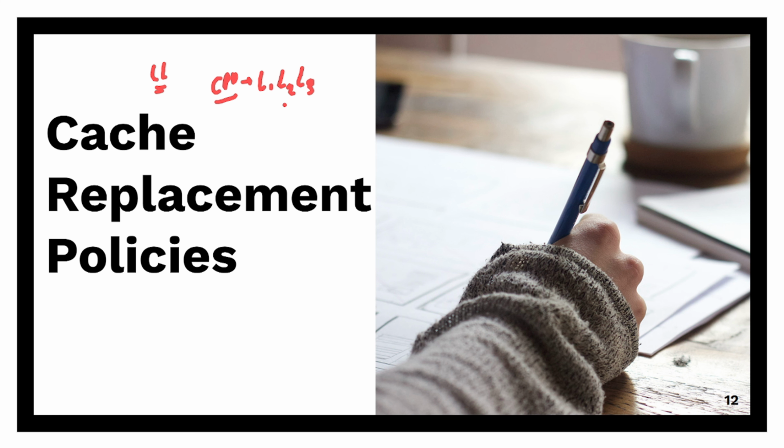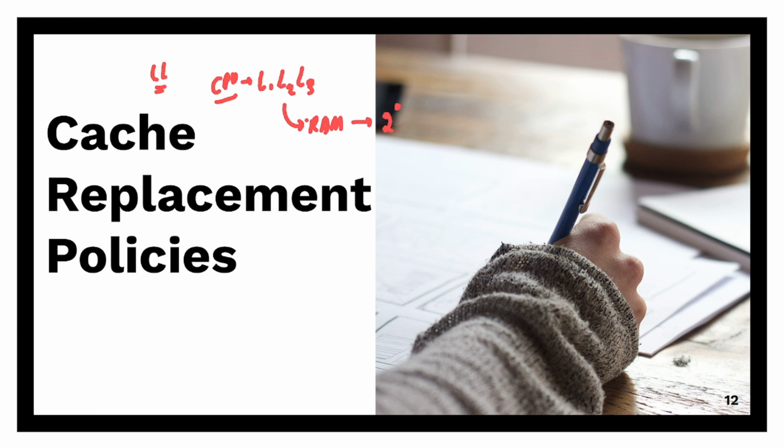If it is not present in cache, it tries the RAM, the primary memory, then the secondary memory. The data block through which data is brought into the cache from the secondary or primary memory is the cache line.